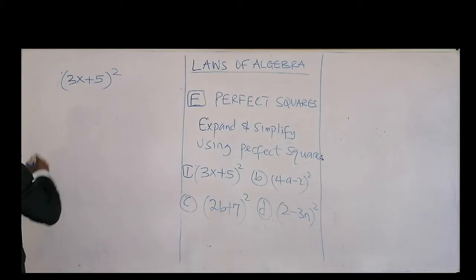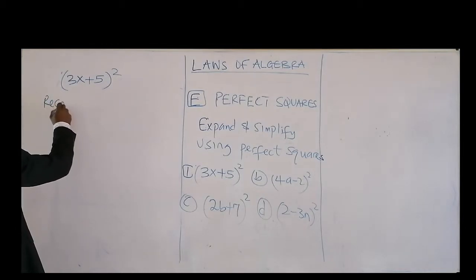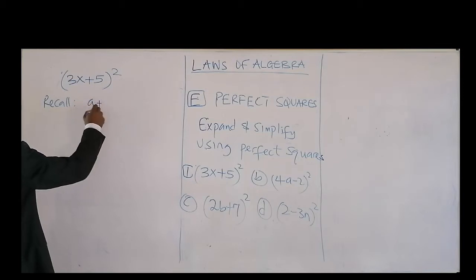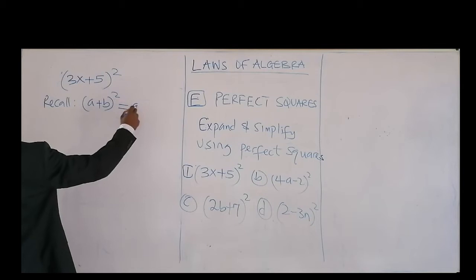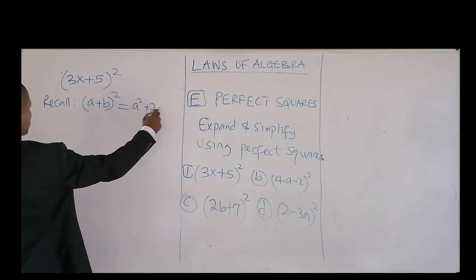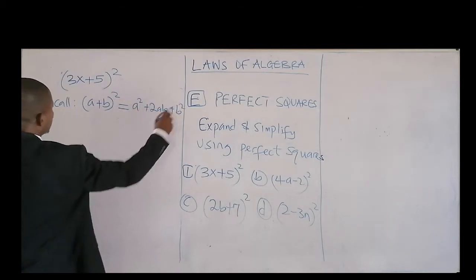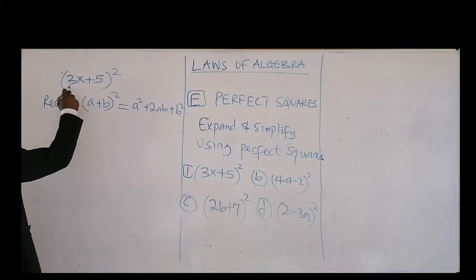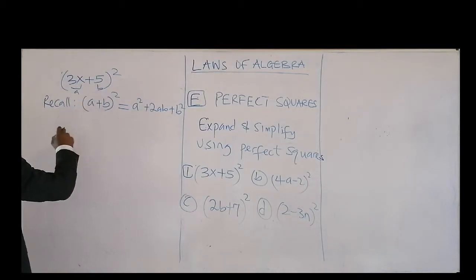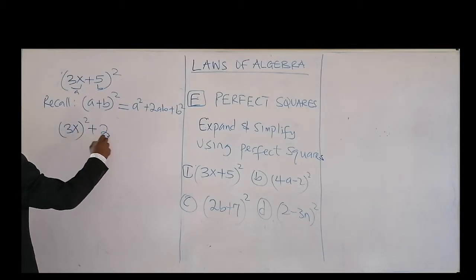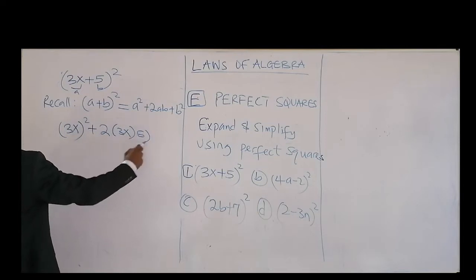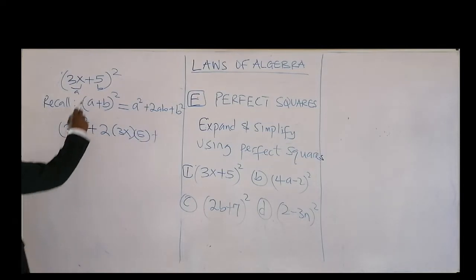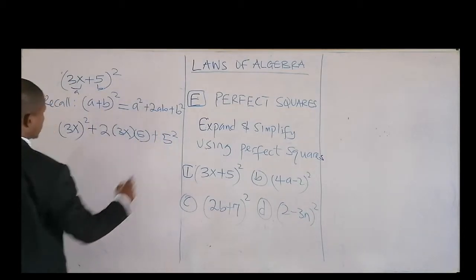Recall a plus b squared is equal to a squared plus 2ab plus b squared. So apply that. This is your a, and this is your b. So that will be 3x squared, then plus 2 times a, which is 3x, times b, which is 5, then plus b squared, which is 5 squared.